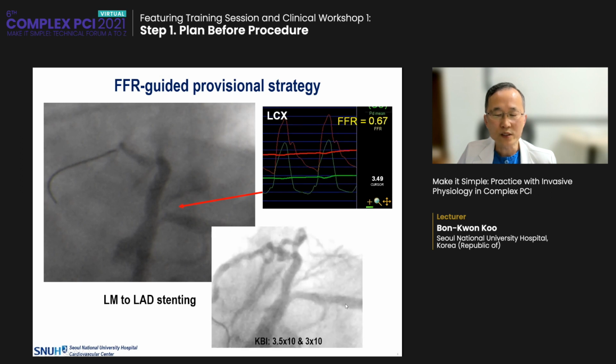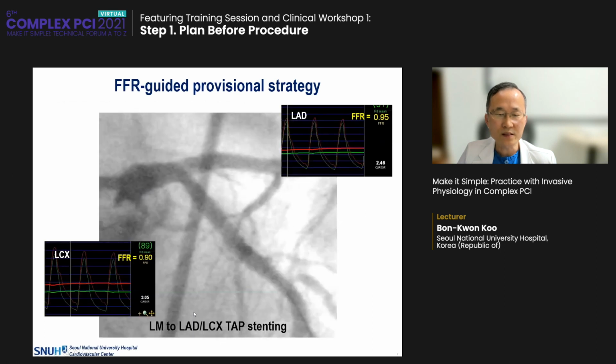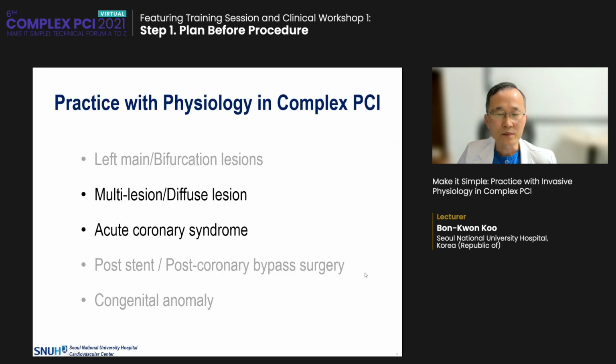As the pressure wire was there, it's not difficult to measure FFR. It was 0.83. So I think it's quite low for the circumflex. This is the final angio after T-stenting and final physiology: circumflex FFR 0.9 and LAD 0.95. I can say that I did the functionally complete revascularization.